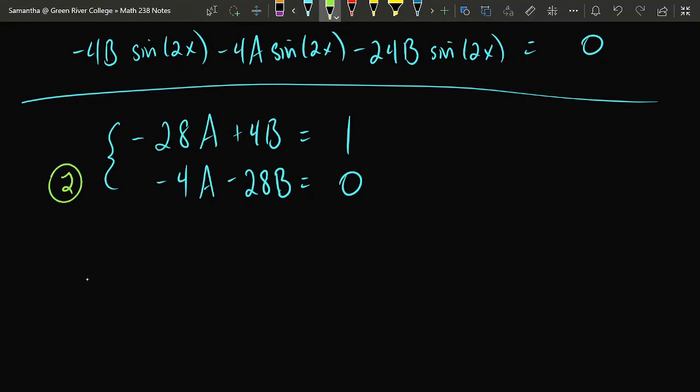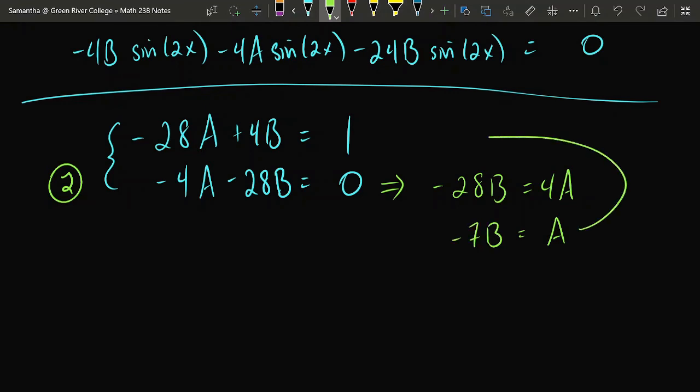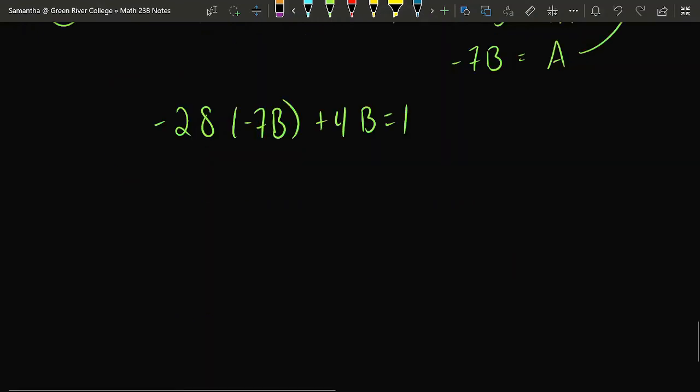Now, it looks like I can actually solve this one pretty easily by substitution. If I take the second equation and I solve for a, I find that a is equal to negative 7 times b. So if I stick that back into the first equation, negative 28 times negative 7b plus 4b is equal to 1.